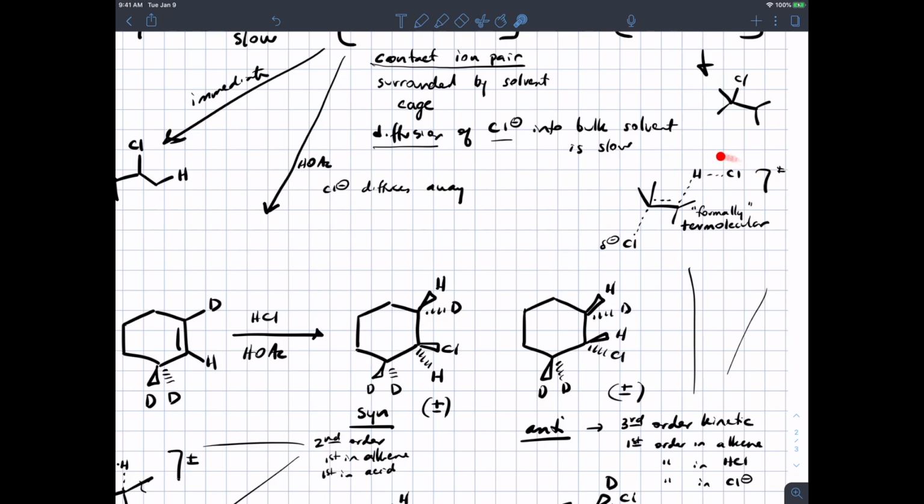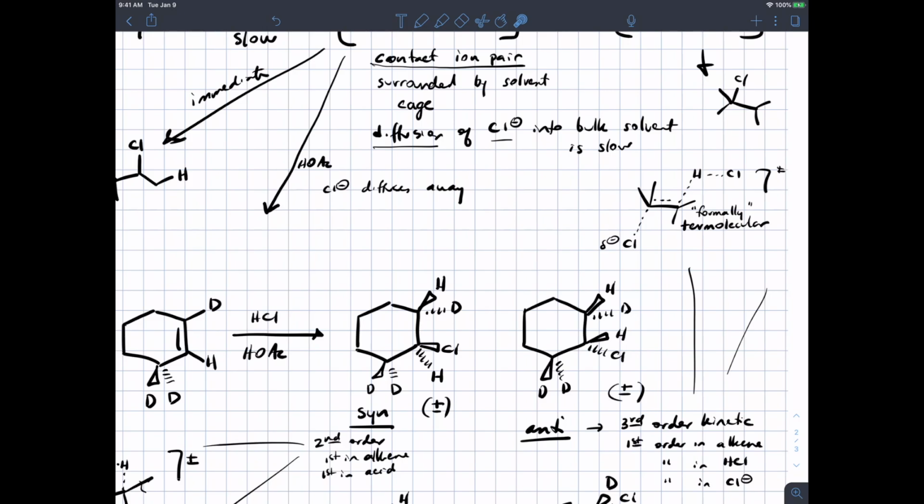Okay. I think the evidence for this is there's two things. One, it's the stereochemistry of the product where the H and the Cl are anti to each other.